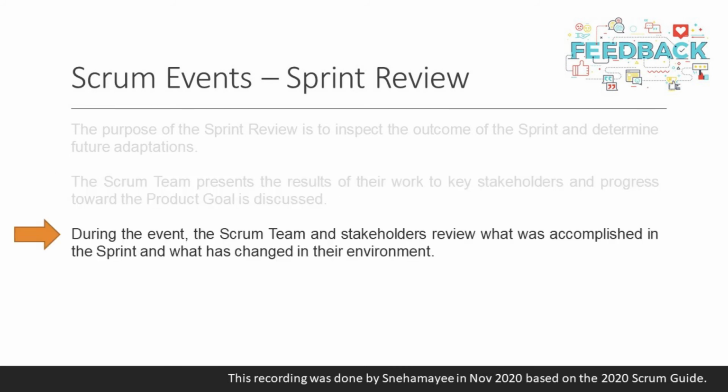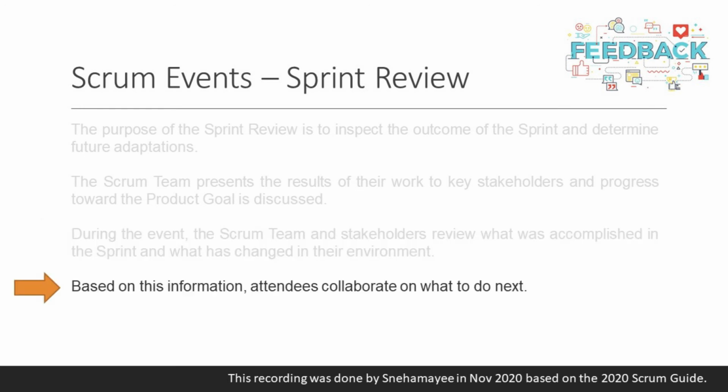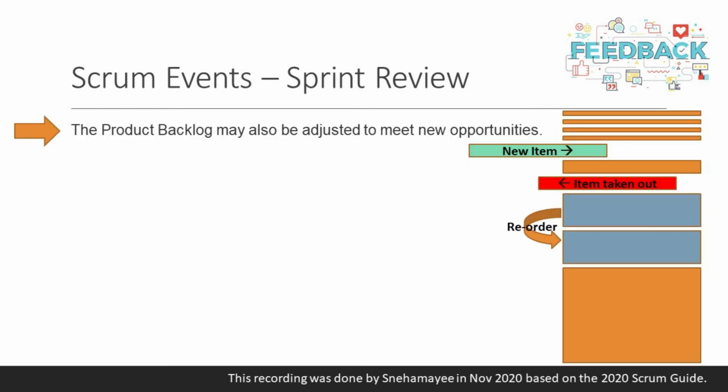During the event, the Scrum team and stakeholders review what was accomplished in the sprint and what had changed in their environment. Based on this information, attendees collaborate on what to do next. The product backlog may also be adjusted to meet new opportunities.